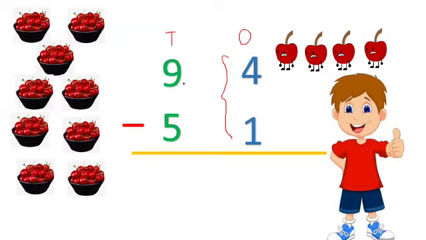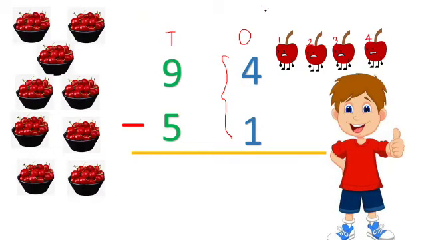First, we have to cancel. We have here 4 cherries. We have 4 ones. 1, 2, 3, 4.